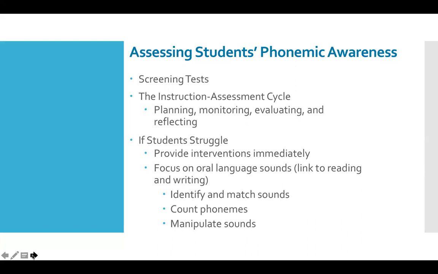Then the instruction assessment cycle is used during and after instruction. Linking assessment with phonemic awareness instruction is especially important because instruction should be targeted to children's instructional needs, and it should move to manipulating written words once children can use phonemic awareness.